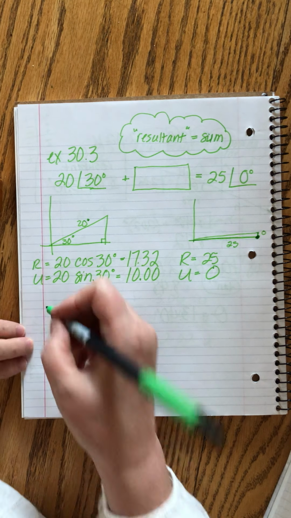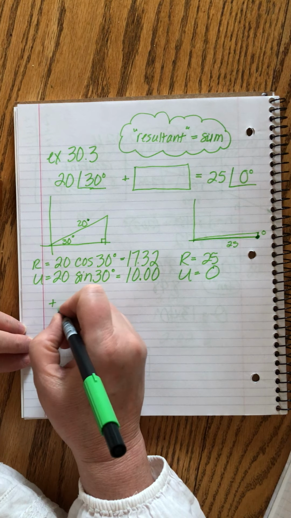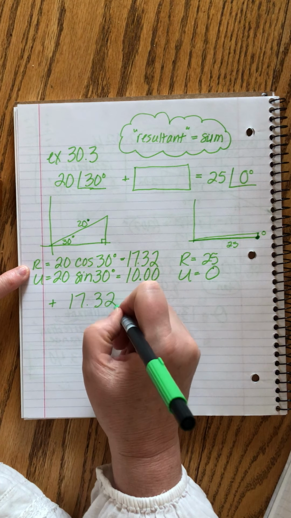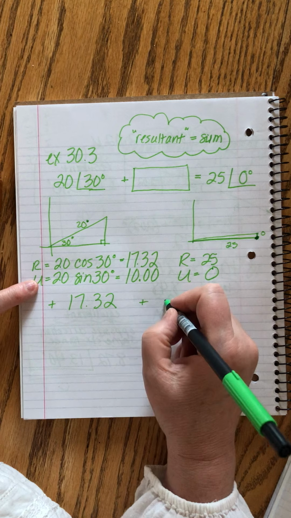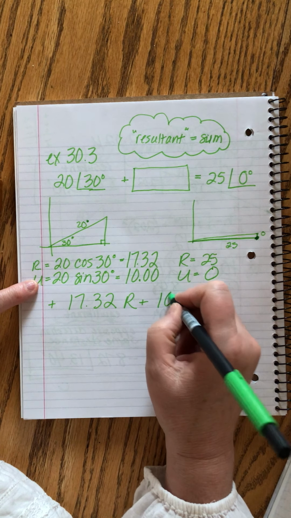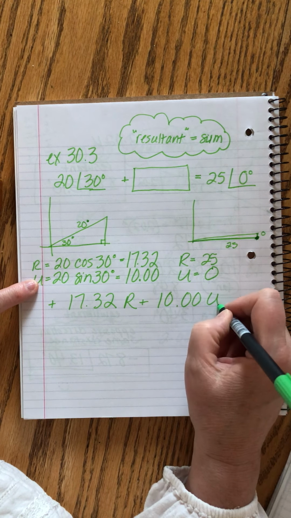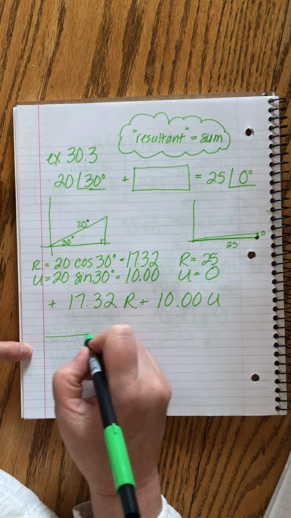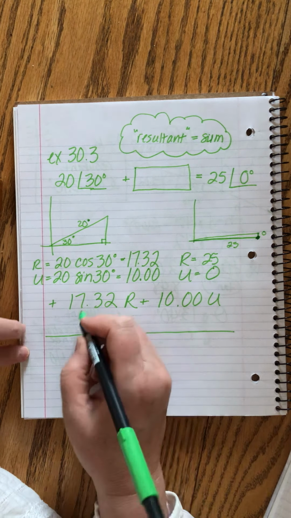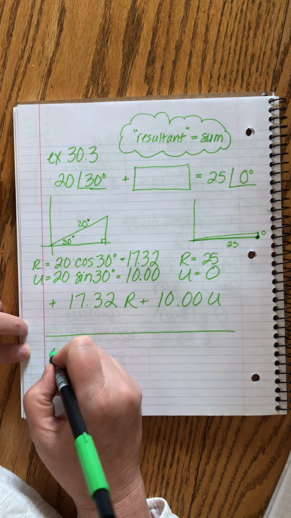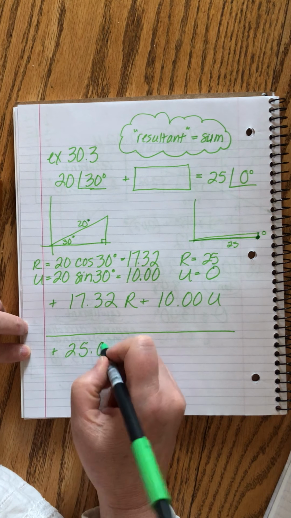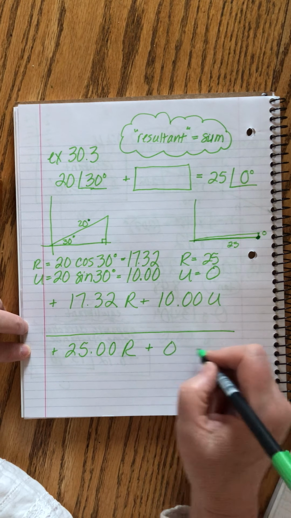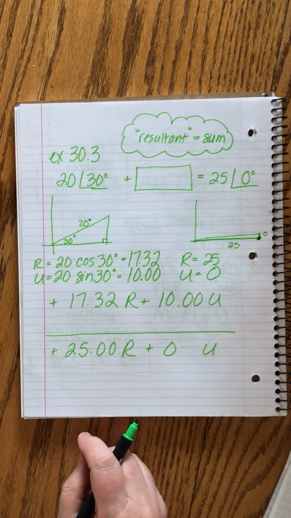Okay, so this angle, 17.32 right plus 10.00 up plus some other number has to equal that.